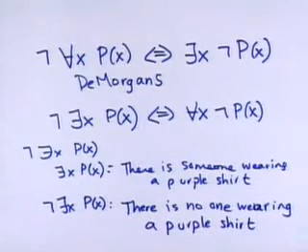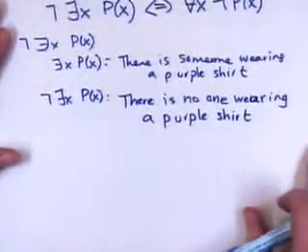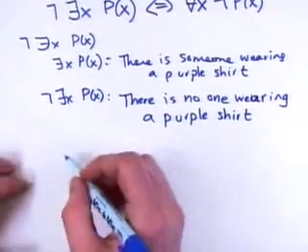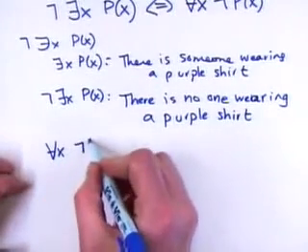And if I wanted to change that to talk about what everyone is doing, then what I know is true about everyone is that everyone has something besides purple on. So that would be for all x, P of x is false.